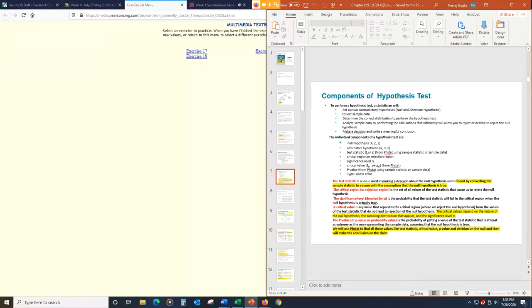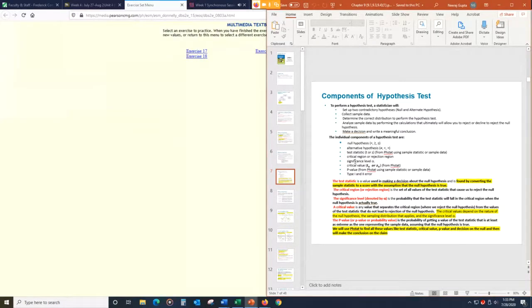Everything we will get in PHStat. So we do not need any additional formula, any additional function in Excel, but you need to understand what these things mean. So test statistic is the value which helps us to make a decision. Critical region is like what we did with the confidence interval, the confidence level. So if I say 10% is the level of significance, or the probability of not being true, those are my borderline values corresponding to that.